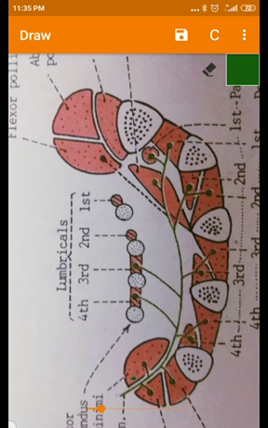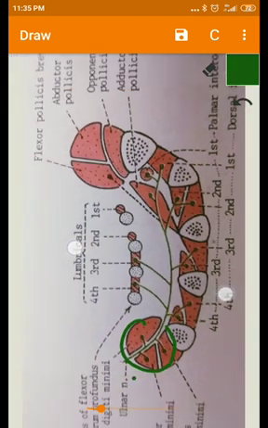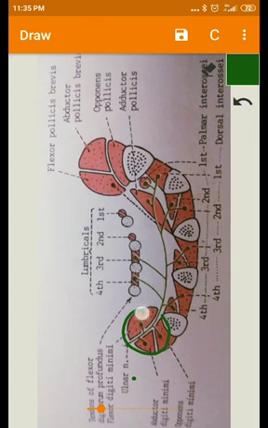The deep branch gives muscular branches at its origin to the hypothenar muscles. What are the hypothenar muscles? The flexor digiti minimi, abductor digiti minimi and opponens digiti minimi. As the nerve crosses the palm, it supplies the medial two lumbricals.